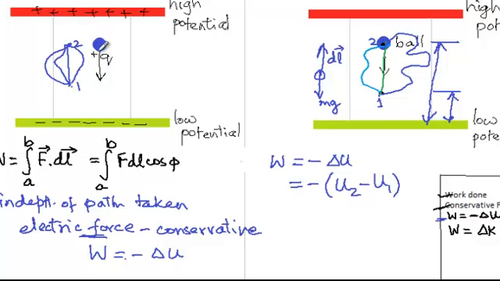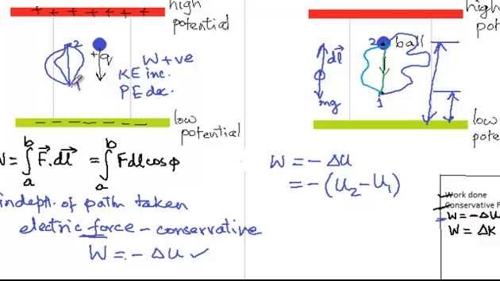So you can think that when the particle moves from 2 to 1, then it is being accelerated, so its kinetic energy will increase. Now, if the kinetic energy increases, the potential energy has to decrease. This means when the work done is positive, then the potential energy of the body will decrease, which is in accordance with this equation.